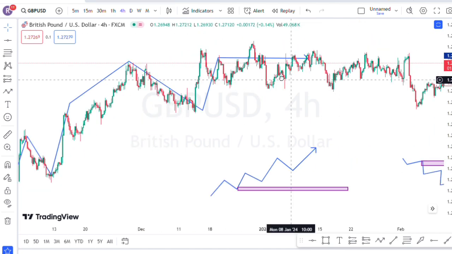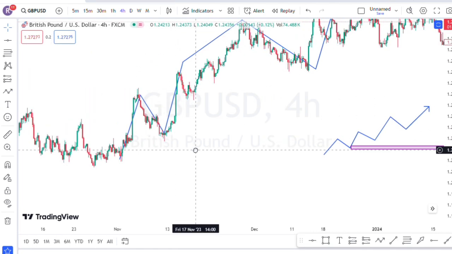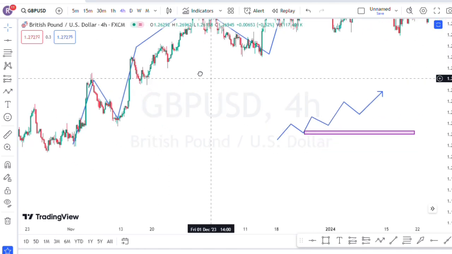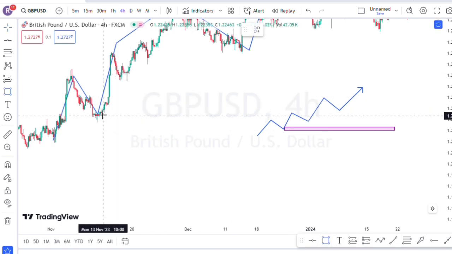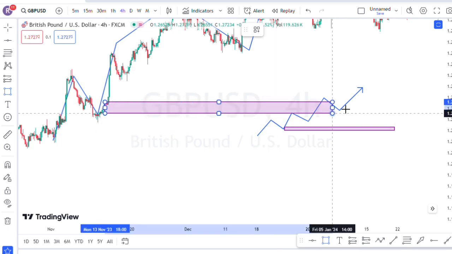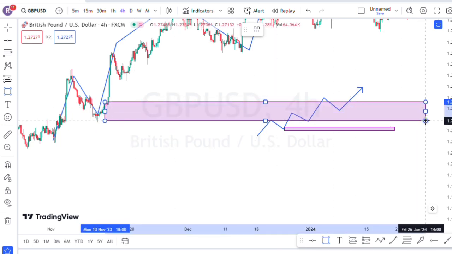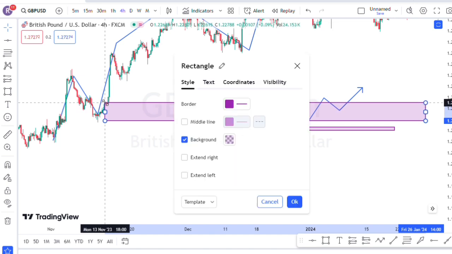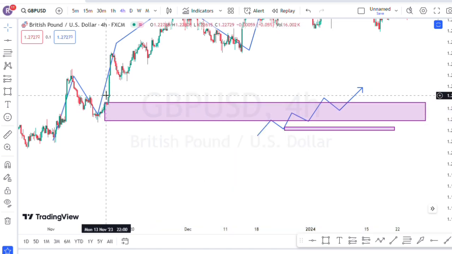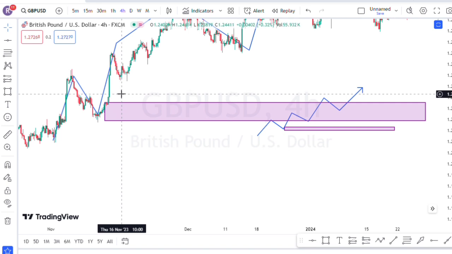Upon this consolidation and all this push to the upside, from here we have this demand zone. This is a very good demand zone, because from here you can see there's this whole imbalance that the market will eventually come to fill.